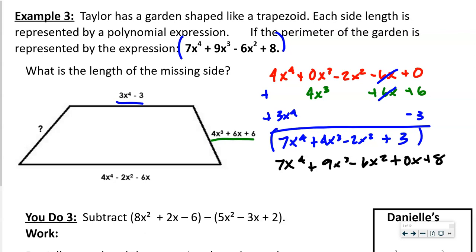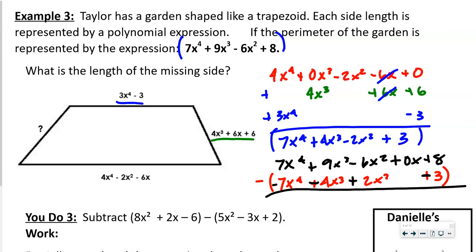Now we're going to subtract from it the 7x to the fourth. And I'm just going to actually make this a plus 4x to the third minus 2x squared plus 3. Now notice we're going to have to change all those signs. So I'm going to go back in here and I'm going to make this a minus, that a plus, and this a minus. So when I do that, I should get my answer.